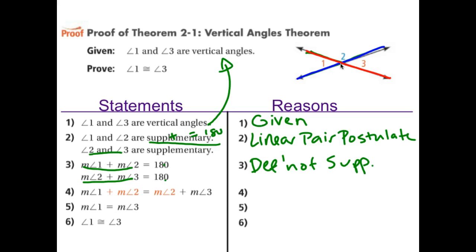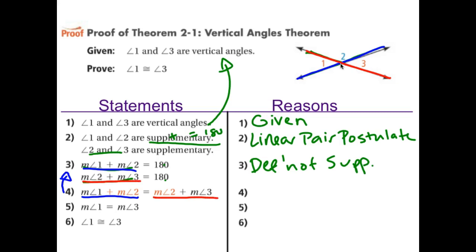Now, we can see that they go, well, the measure of angle 1 plus the measure of angle 2 equals the measure of angle 2 plus the measure of angle 3. So somehow we want to relate this statement 4 to what we saw in statement 3. I can see on the left side I have 1 and 2, and here I had 1 and 2. On the right side I have 2 and 3, and here I have 2 and 3.